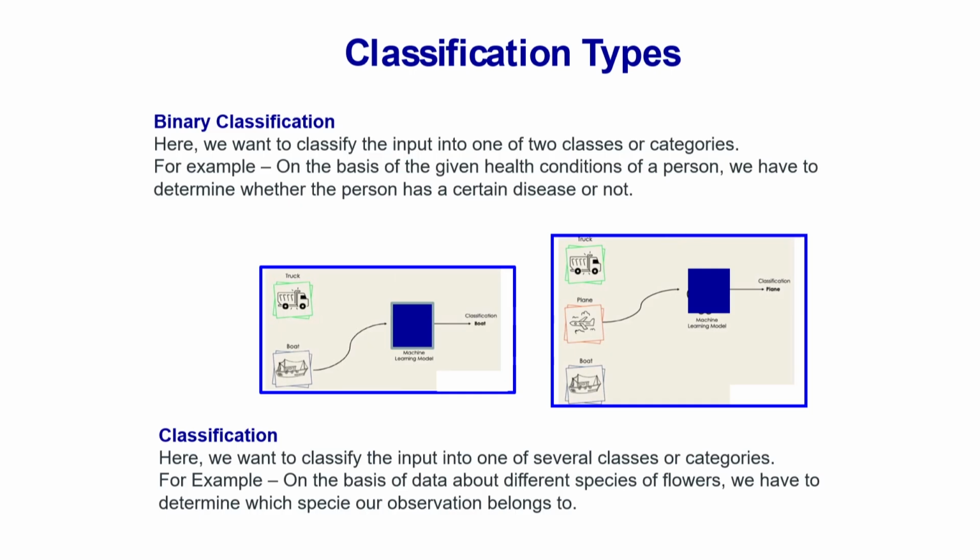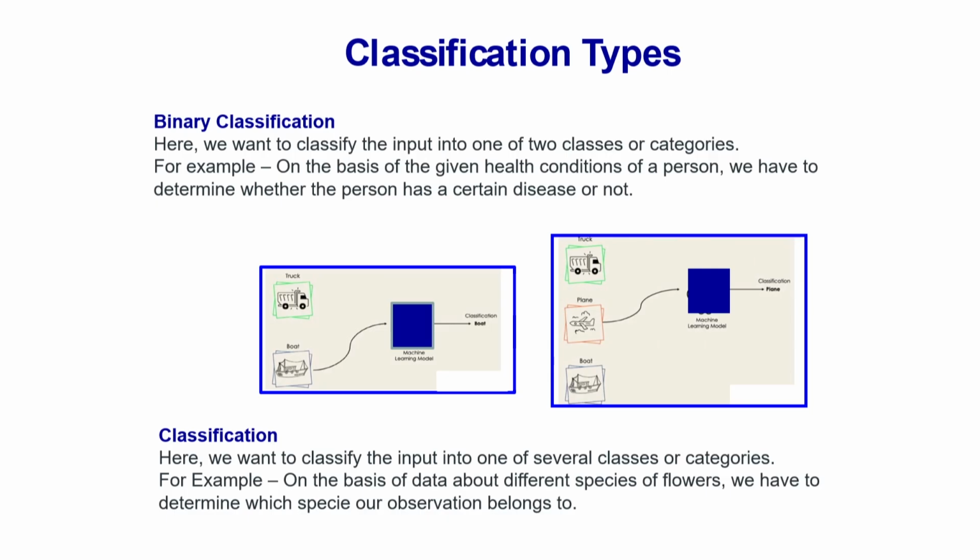One is called binary classification, where you classify the input into two classes or categories. Let us say, on the basis of the health conditions of a person, we can tell whether the person has a disease or not. That is a binary classification. Whether I am healthy or not healthy can be decided by whether I have any disease or not. So, that is widely used.